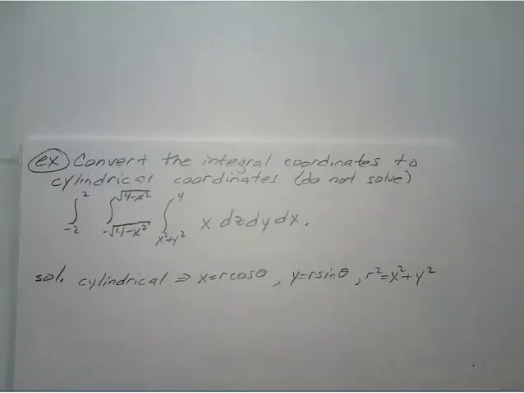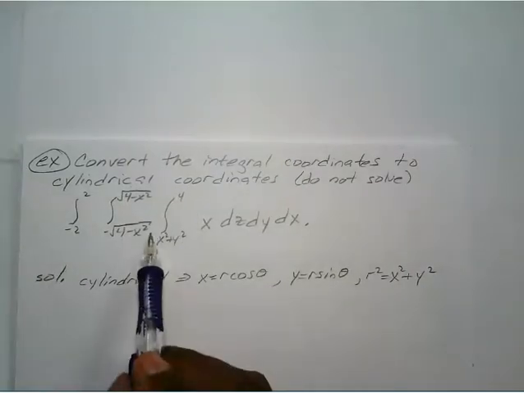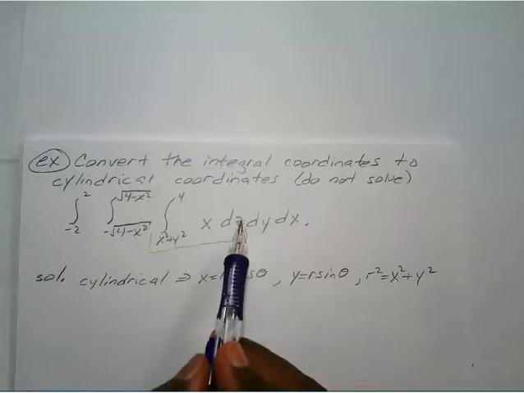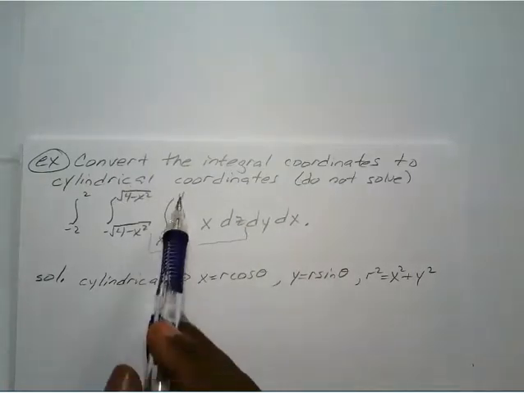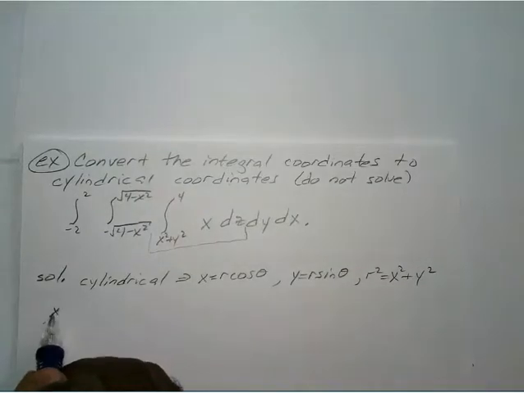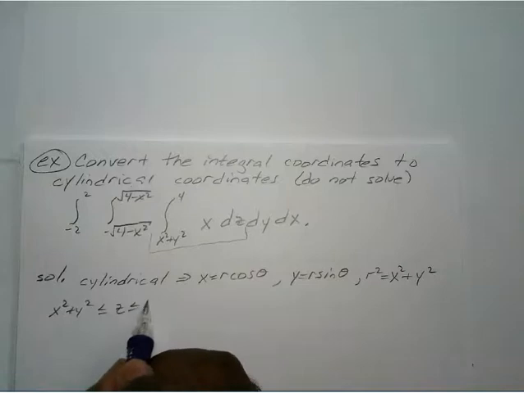So now we want to take a look at our boundaries. Starting in the middle here, z goes from x squared plus y squared to 4. So you have x squared plus y squared less than or equal to z less than or equal to 4.